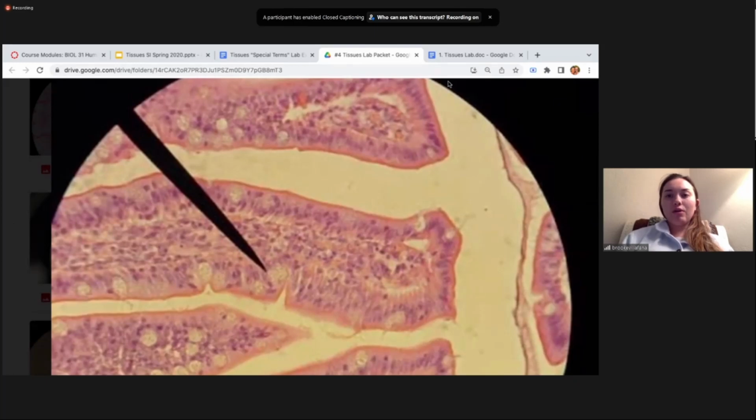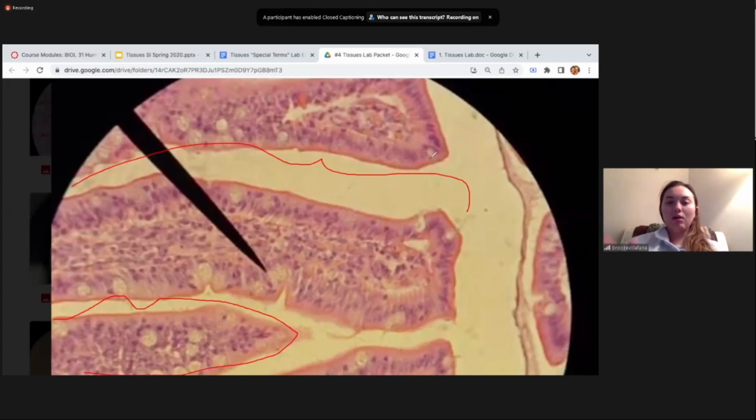So the finger structure, this whole giant thing that's sticking out, there's another one down here. Do you see them? They're like these big claws or fingers. These are called villus. Multiple, we call them villi. So villus, villi.